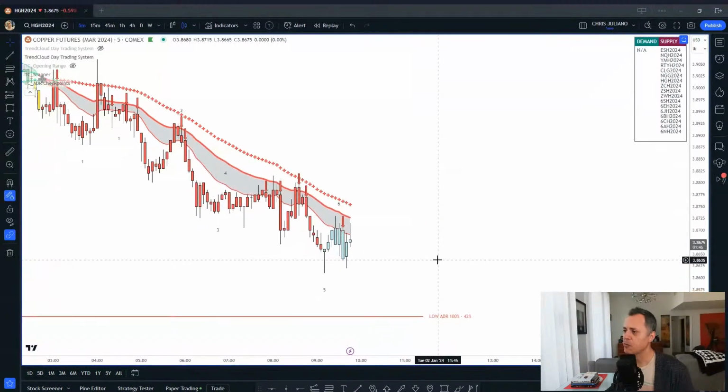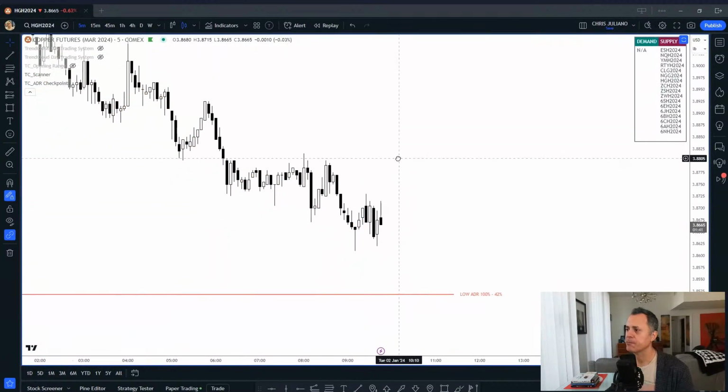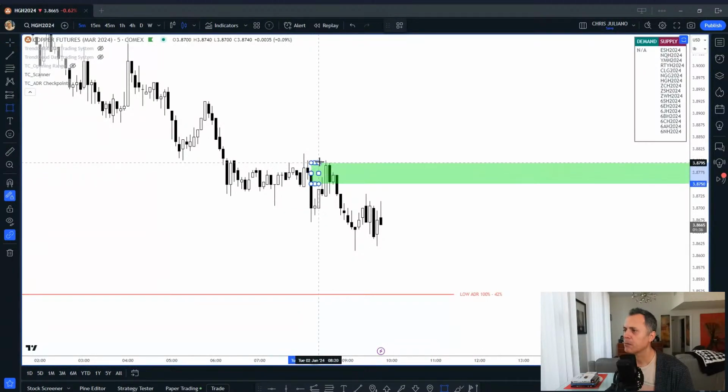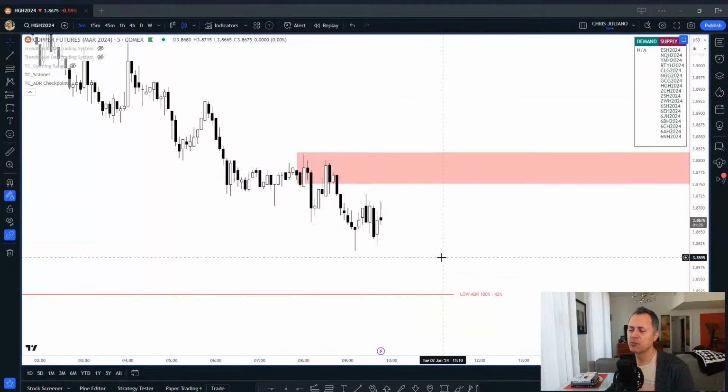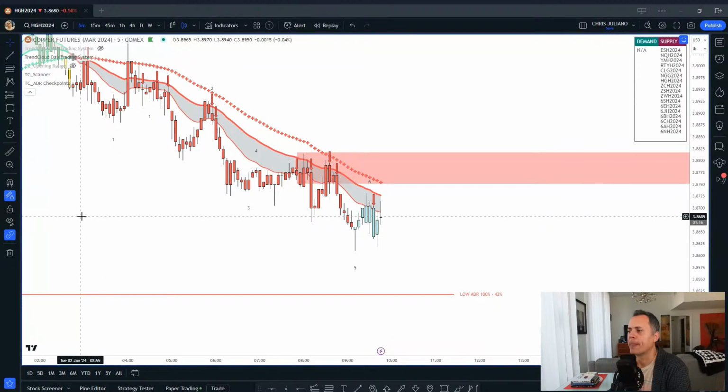So on the 5-minute chart, we could be getting a deep pullback into this drop base drop here. Okay, right in here, and here's the full structure. If we pull back up into here with all that downward momentum, well, we have a good chance of continuing that movement down.